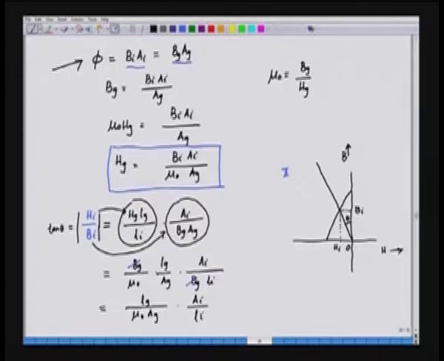Now, if we see the right hand side of this equation, which is given by Lg by mu naught Ag into Ai by Li, this quantity is basically the reluctance of the air gap.